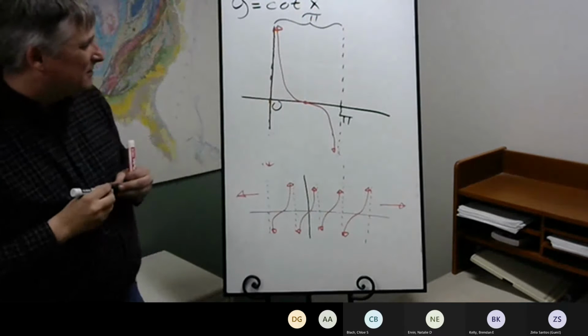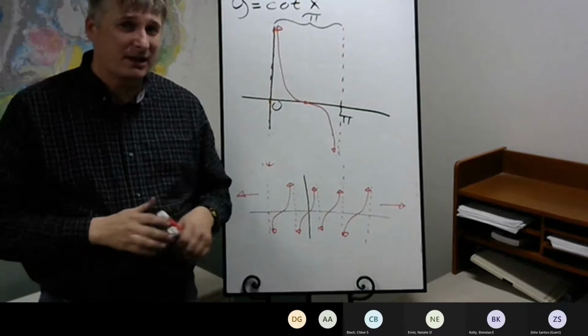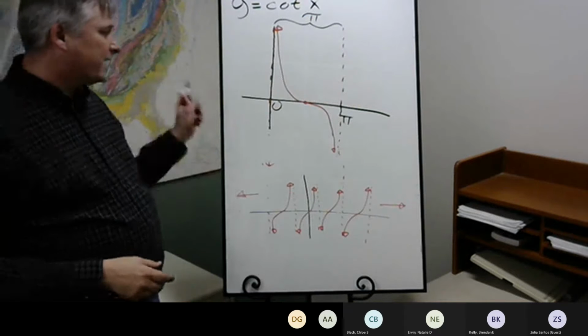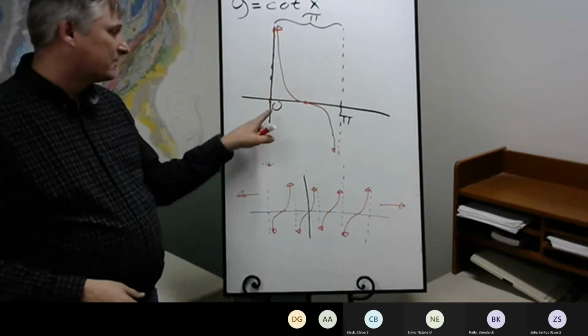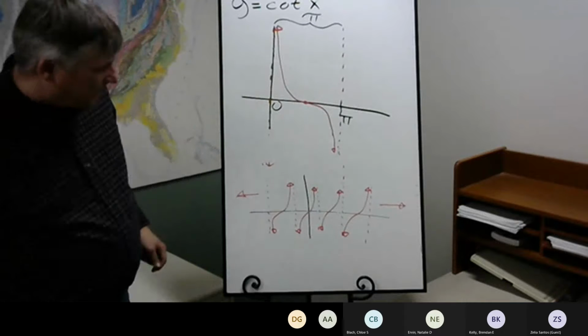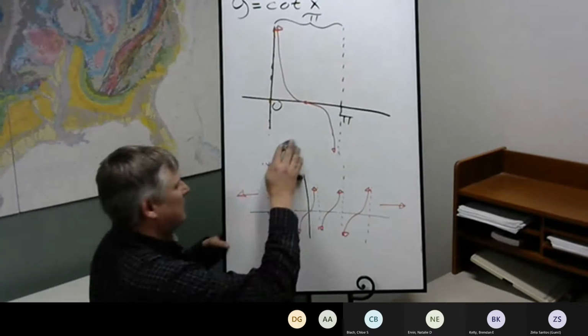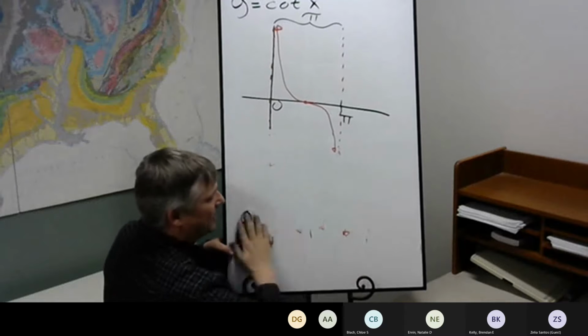And again, its period, it's going to be pi units, just like tangent. Though instead of going from negative pi over 2 to pi over 2, it goes from 0 to pi. And like tangent, it's just going to repeat itself.